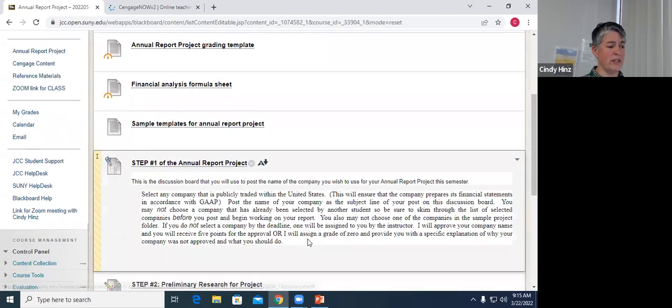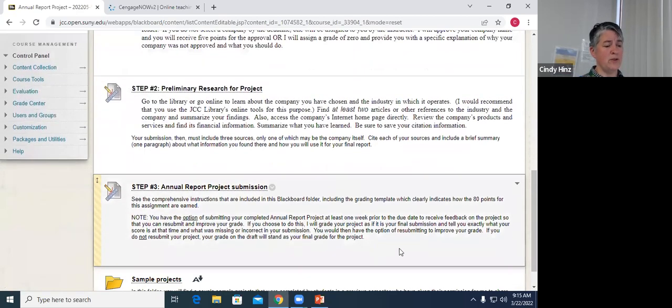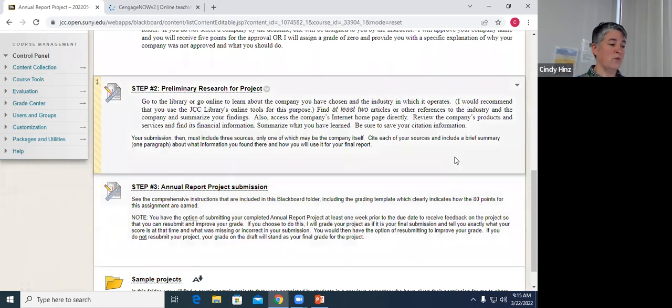That's true for the project itself as well. There's no reason this would have come up earlier this semester, but it is not acceptable to submit a link to a Google Doc for your project.